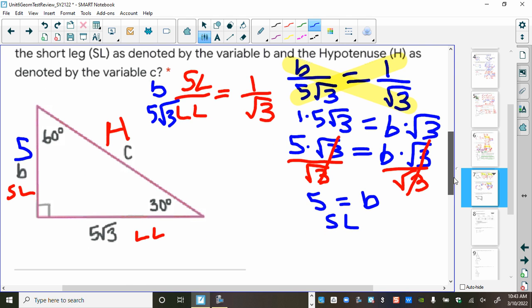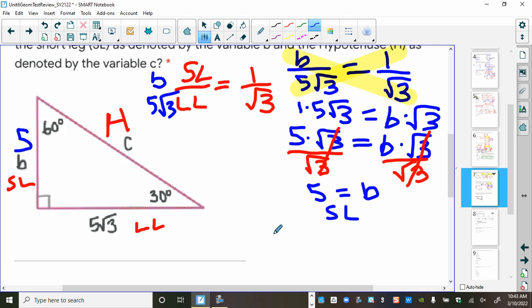So if we want to go from short leg to hypotenuse, what number can we multiply the short leg by to get the hypotenuse? Anybody remember? Yep, that's it. Multiply the short leg by 2. Boom, there's your hypotenuse. You don't even have to worry about proportions and all that business.